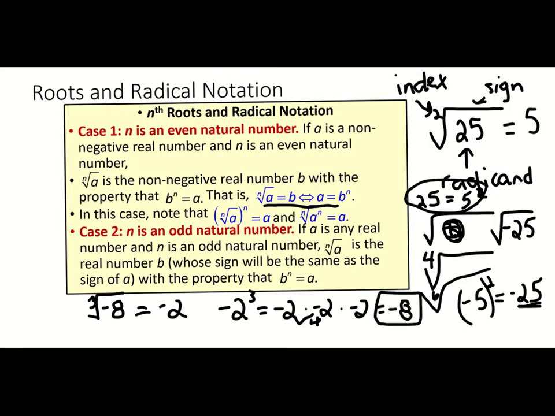So that makes my answer a negative. So what they're saying here on this slide is a lot of words, but if you have an even index, the number underneath needs to be positive. If you have an odd index, the little number outside the radical, then your number inside the radical can be positive or negative.